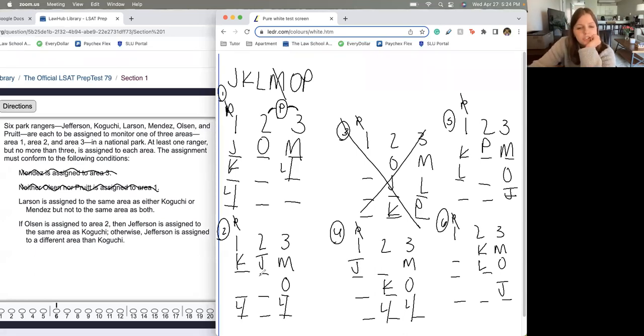In world number 2, P hates 1, so it can't go in 1. But P is going to flip between 2 and 3. Now, this world is a little bit different compared to world 1 because depending on where I put L is going to determine if I have to put P in 2 or not, or if it flips between 2 and 3. So you could do this one of 2 ways.